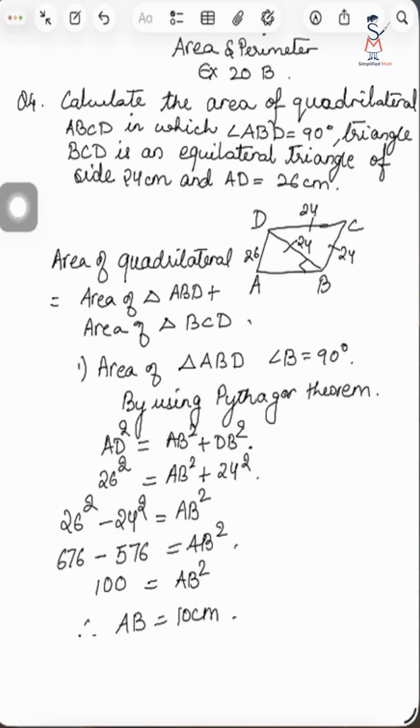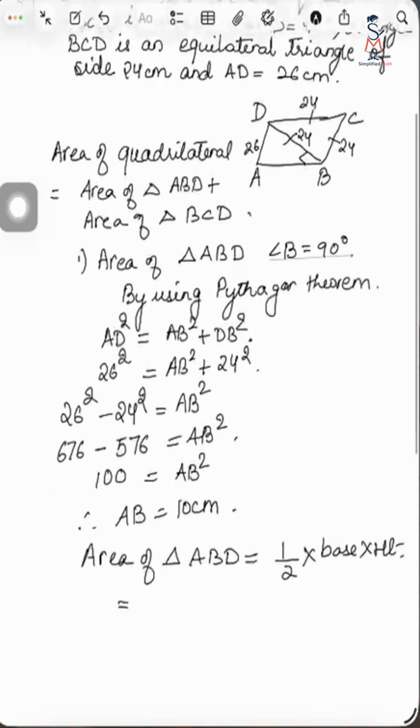So what will be the area of ABD? Area of triangle ABD, it is a right angle triangle, so it will be half base into height. That is half, base is your AB and height is BD.